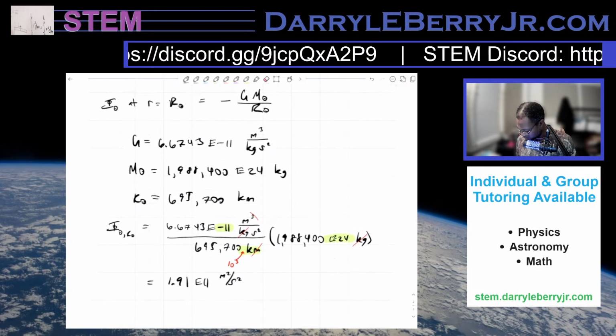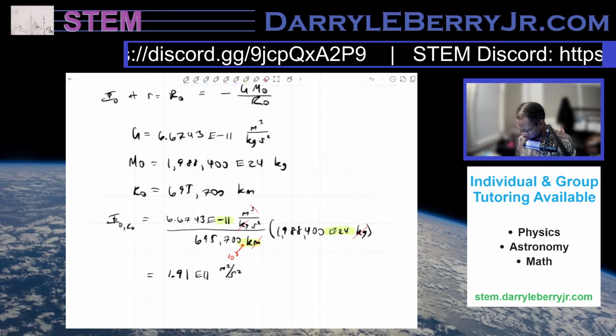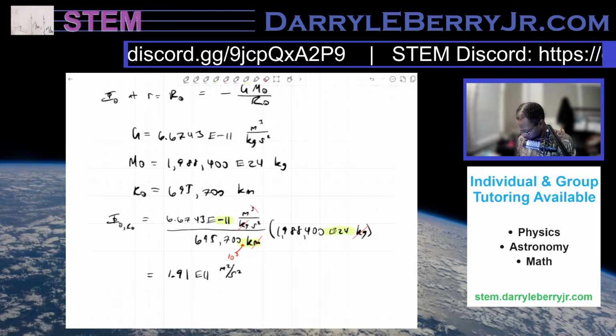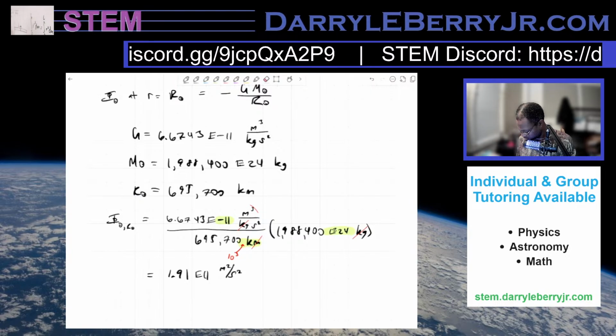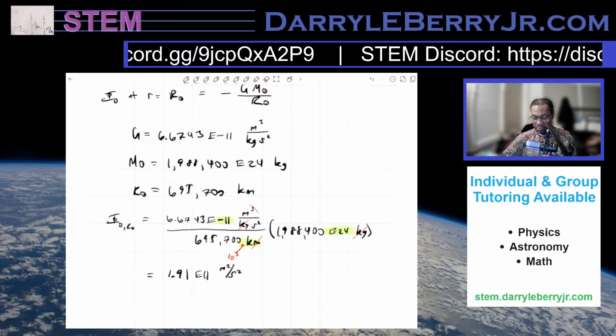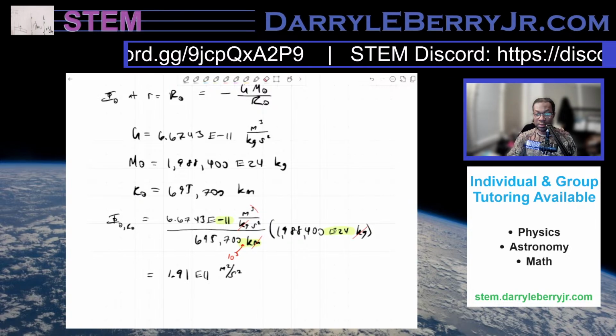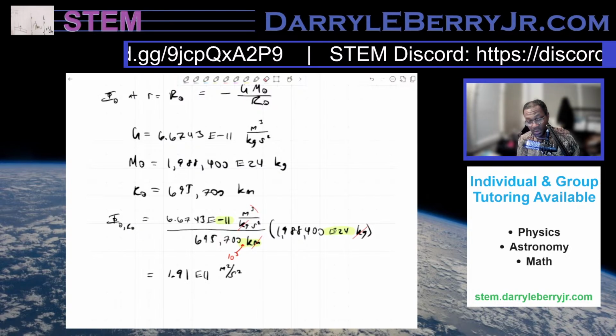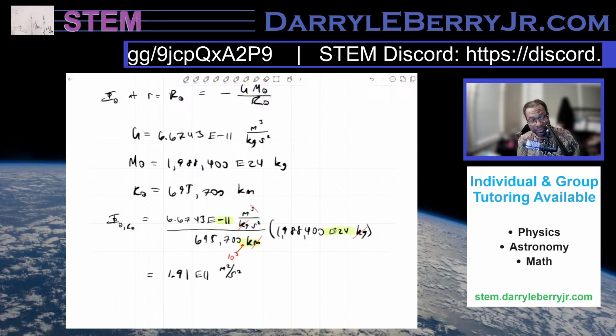GM over R. Units. Gravitational potential.